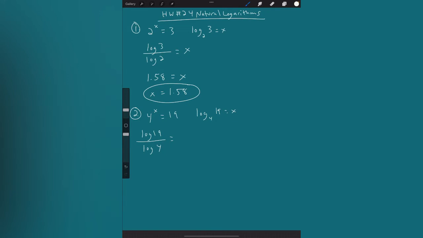If I put in my calculator log 19 divided by log 4, it equals 2.12, and then this other 3963. I'm gonna go ahead and stop there, and say 2.12 equals x, and I can flip that around and say x equals 2.12. All right, that was number 2.